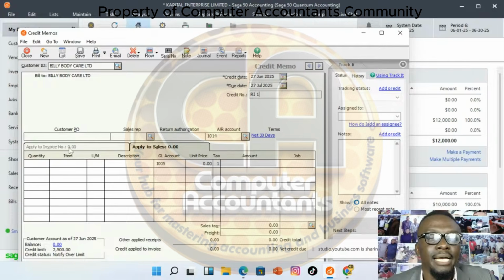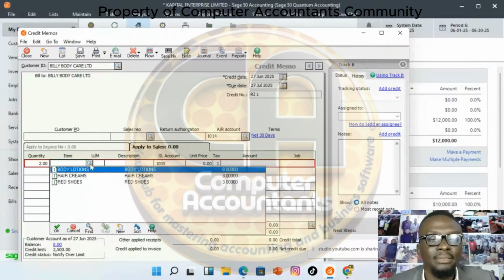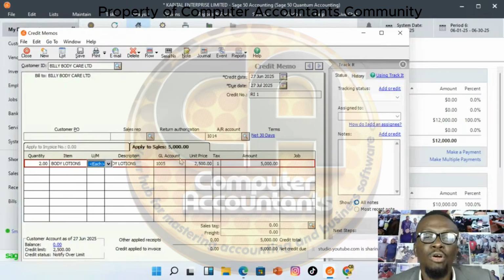So this is it. I can now go back. He's returning 2 of these items, right? What is he returning? Body lotion. Yes. For wrong supply. That means we gave them wrong supply. Then the tax in it as well will be taken out.